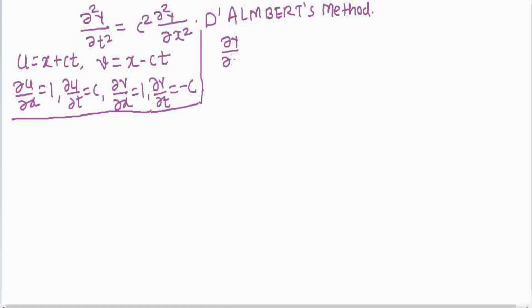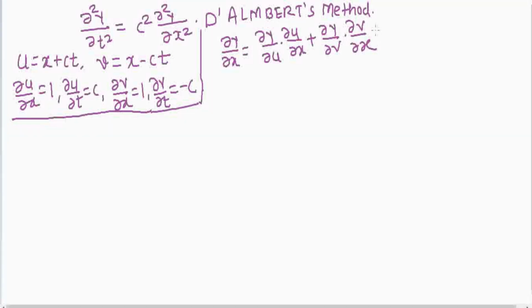Del y by del x equal to del y by del, but u is a function of x and t, so we have del y by del u into del u by del x plus del y by del v into del v by del x.